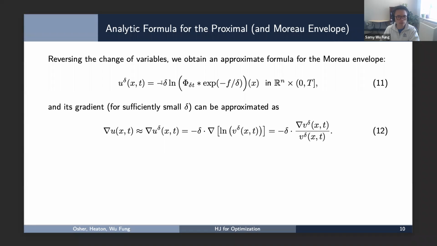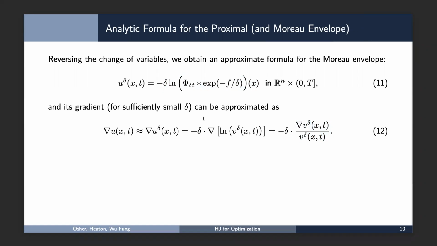If I differentiate this with respect to x, it ends up being this quotient here. So I just have to take the gradient of V delta over V delta, again V delta being the solution to the heat equation that we saw.